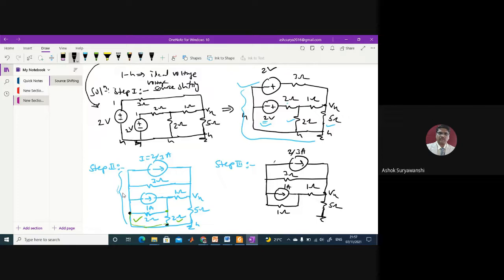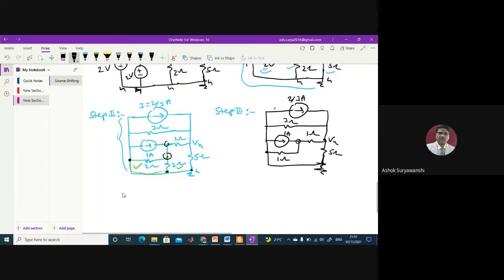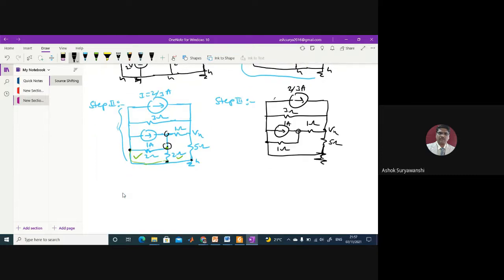So this point is here on this side, which has to be connected to the ground, right? And then this point is here, right? So while simplifying the circuit, we should not make a mistake. Otherwise, your end answer will be wrong in that case.